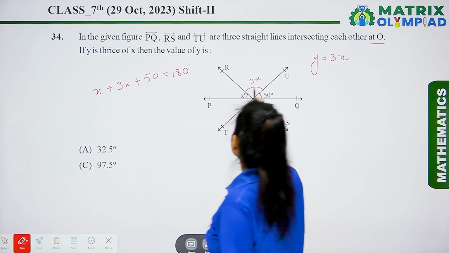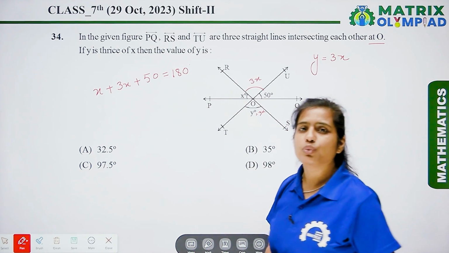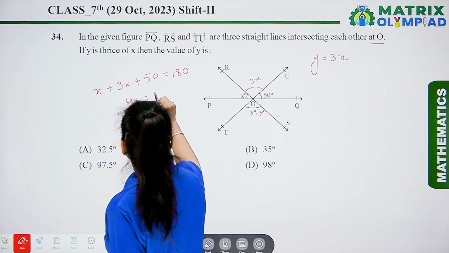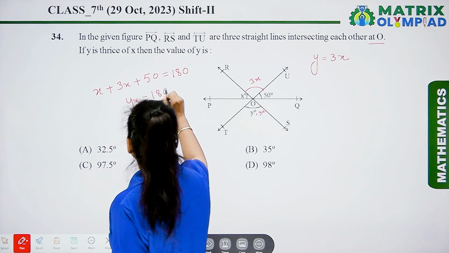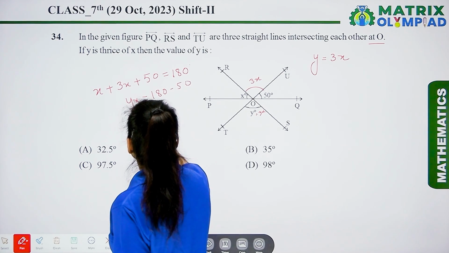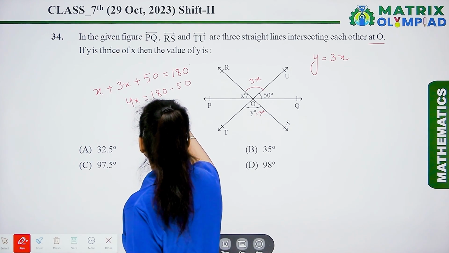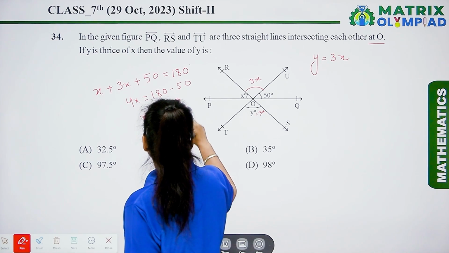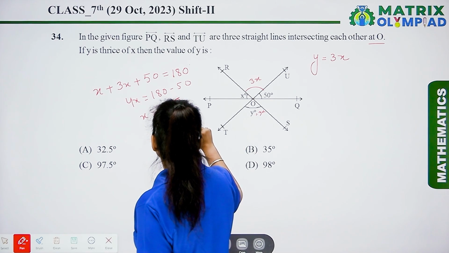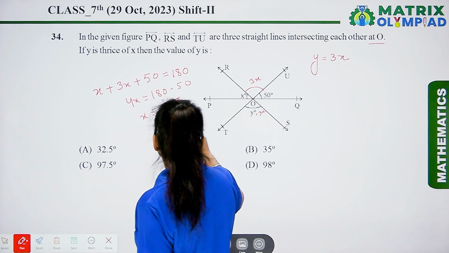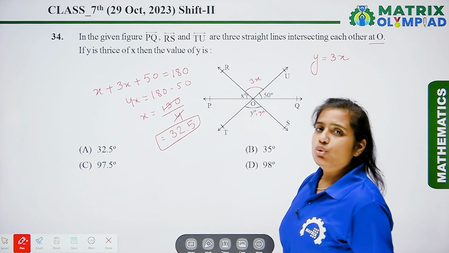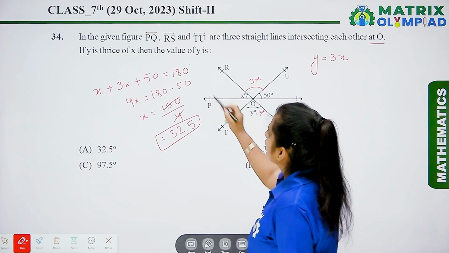Here x plus 3x plus 50 is equal to 180. So here 4x is equal to 180 minus 50. x is equal to 130 upon 4. So here the value of x is 32.5.